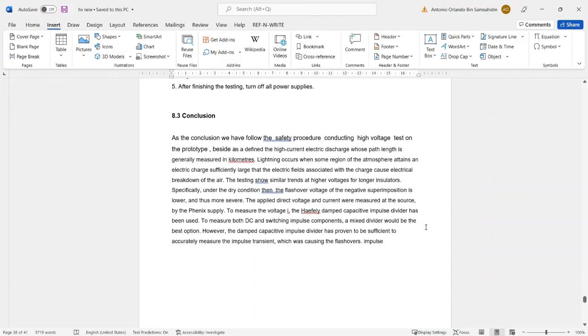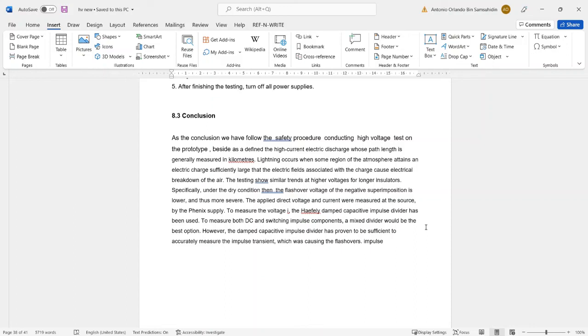As the conclusion, we have followed the safety procedure in conducting high voltage tests on the prototype. Besides, lightning is defined as a high current electric discharge whose path length is generally measured in kilometers. It occurs when the substratum of the atmosphere attains an electrical charge sufficiently large that the electrical field associated with the charge causes electrical breakdown of the air.